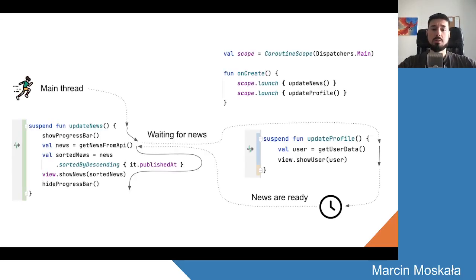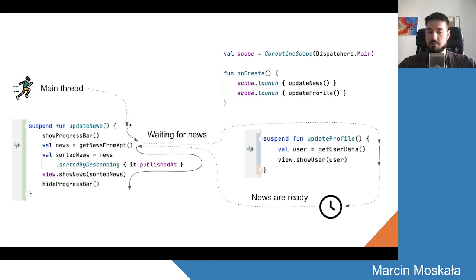What is worth noticing is that it is launch that starts a coroutine. A suspend function is just a function that can suspend a coroutine. So if I have two suspending functions, I need to start them in different coroutines if I want them running at the same time. With that, you see, I can use one thread, the main thread, to start two coroutines at the same time.